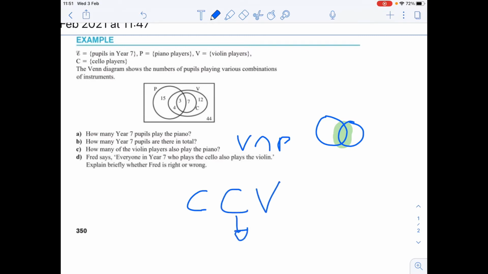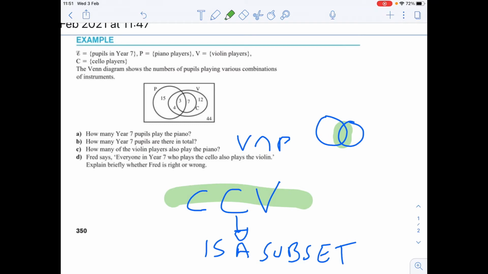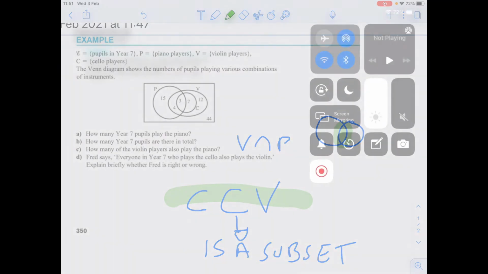This means is a subset of, or is contained in. So all the students that play the cello are also in the violin circle. So C is a subset of V. All the cello players also play the violin. And therefore, Fred is right. Why? Because C is a subset of V. Sorted.